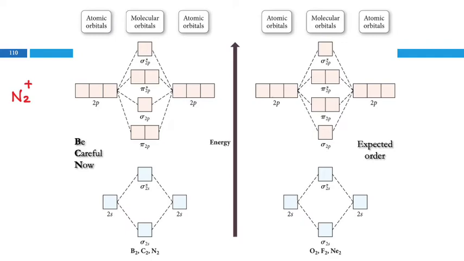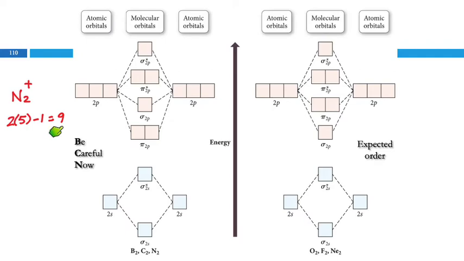So the most important thing is getting the number of valence electrons correct. So we're doing N2 plus. So we have 2 nitrogens, and they each have 5 valence electrons, right? And then if we have a positive charge, that means we're missing an electron. So we need to subtract 1, and we have 9 valence electrons. You can put them into the atomic orbitals if you want to, but there's really no need to do that.